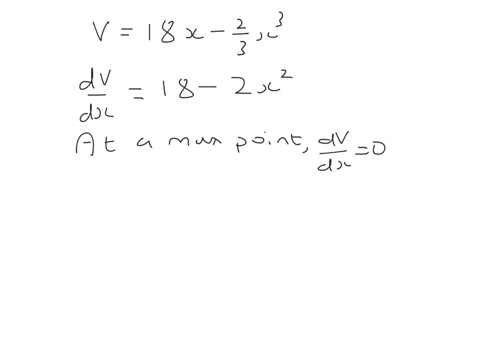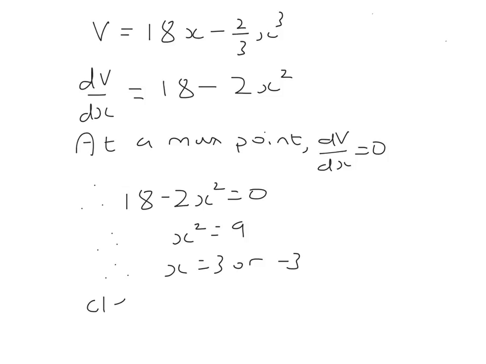If you're not sure about this, remember that we're going to get a graph that looks a little bit like that, and then at the maximum point the gradient is 0. So that means that 18 minus 2x squared is 0, so 2x squared equals 18, so x squared equals 9. Therefore x is 3 or minus 3.